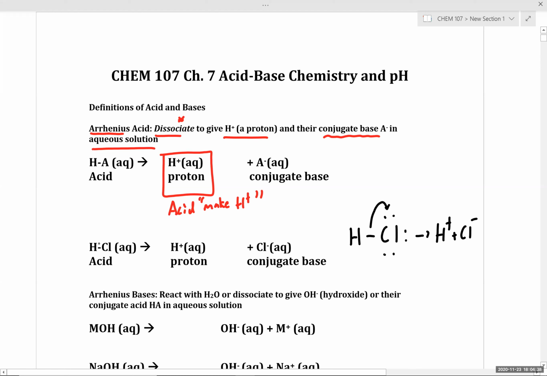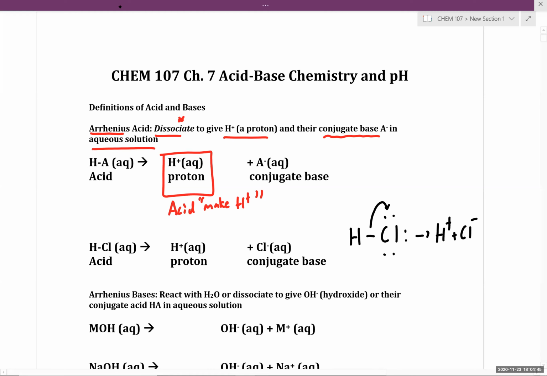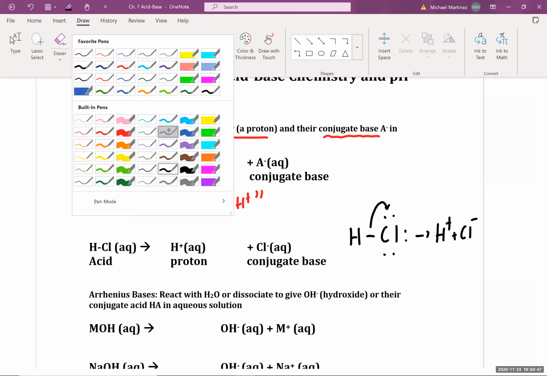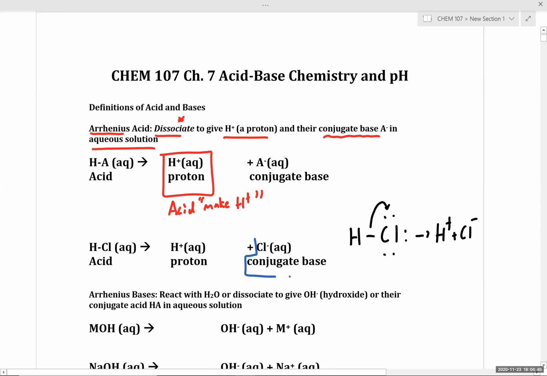Okay, this is a bond breaking event. We're dissociating this bond to make H plus and Cl minus. And we call this anionic species that has lost a proton, a single proton, the conjugate base.